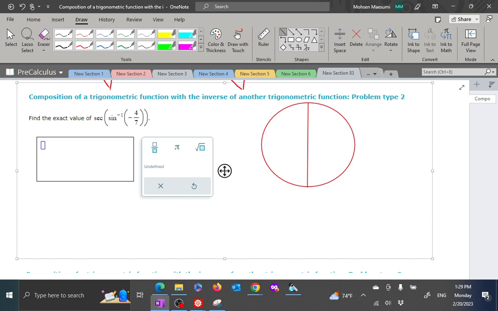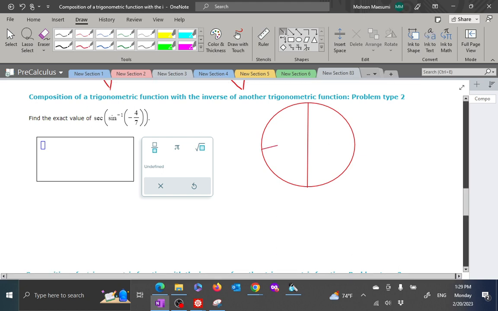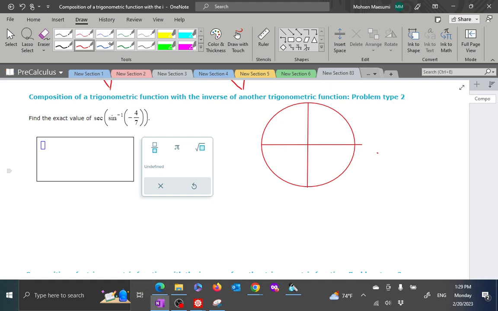Okay, that's good enough. Minus 4/7. So where does that go? Again, this is the sine axis, sine matched with y.